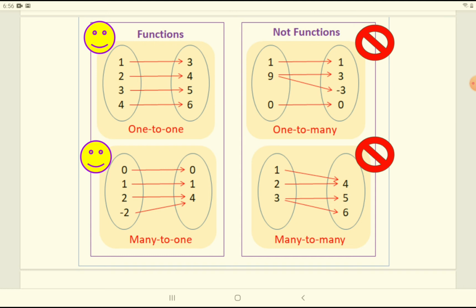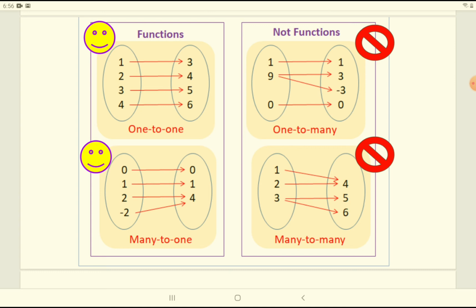So this is called many-to-1 because more than one domain value, which is on the left-hand side, that left circle or oval, more than one domain or more than one x value is going to just one range value or y value.